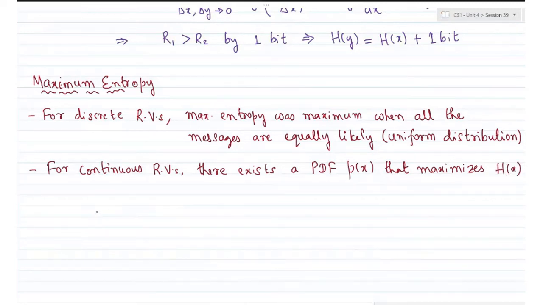But in case of continuous random variables, we may have to supply additional information or additional constraints on the random variable x.